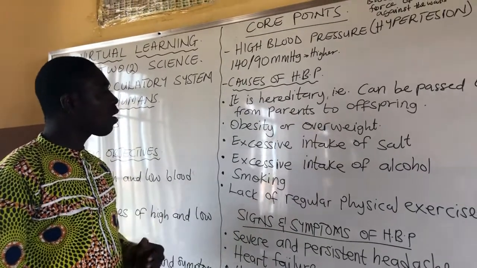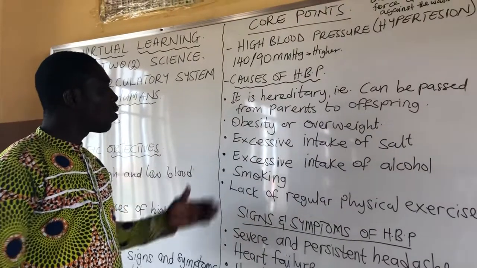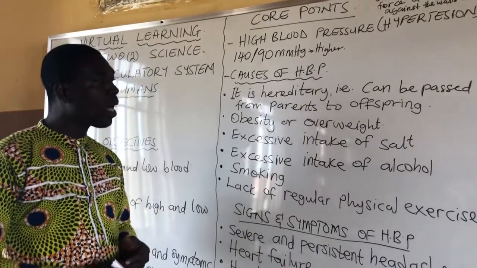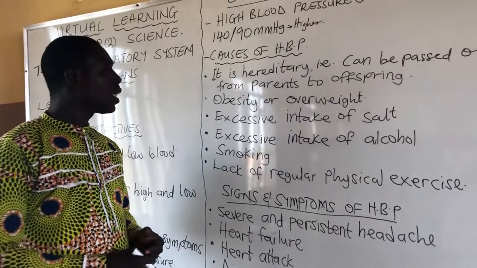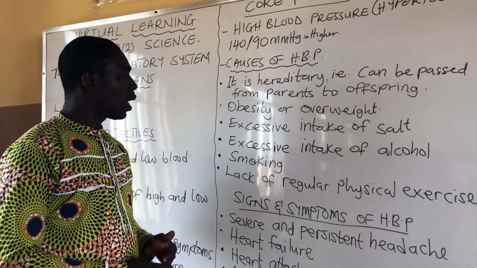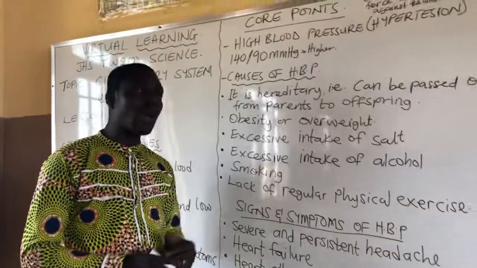We also have another cause, which is excessive intake of salt. That is, too much intake of salt can also lead to high blood pressure. We also have another cause, which is excessive intake of alcohol.